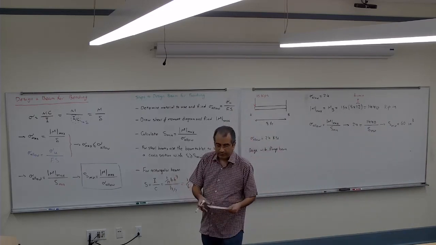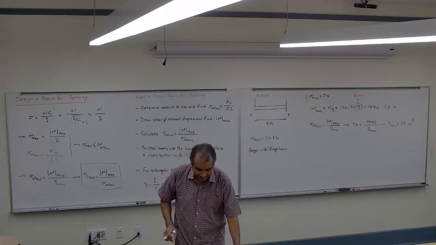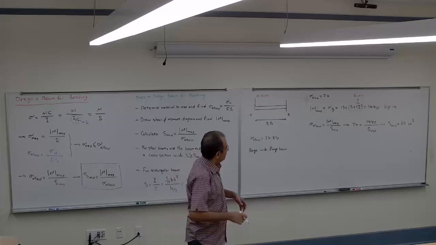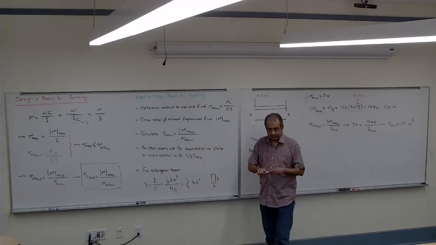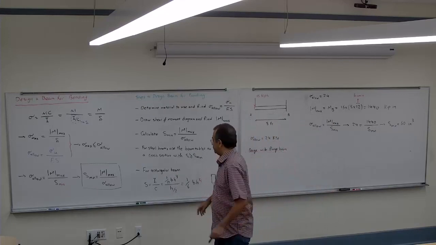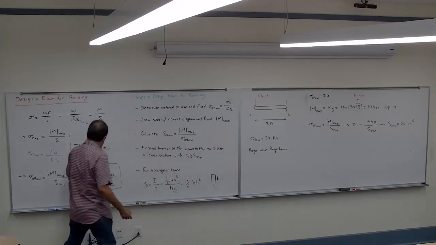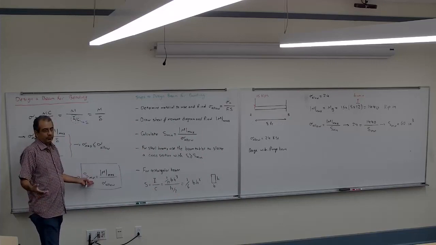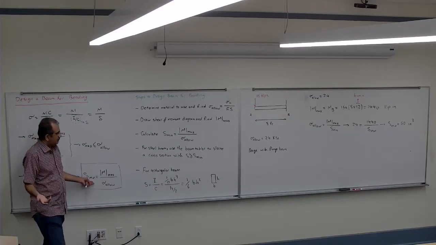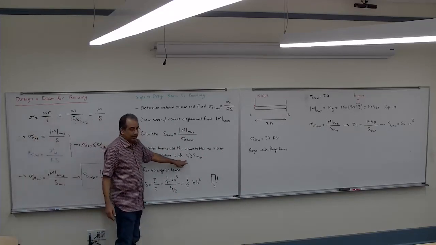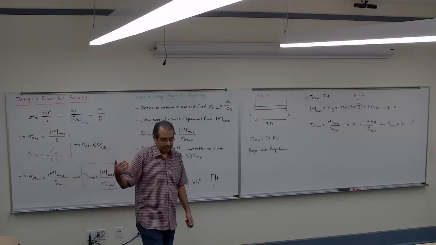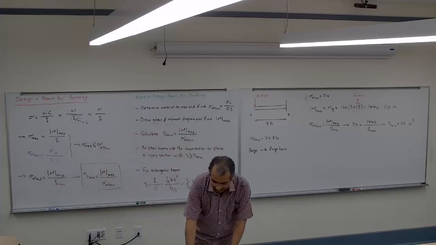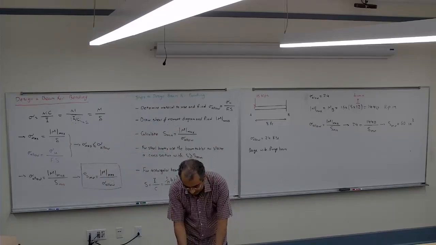Okay, so I know that I need a wide flange beam with an S of 60 or larger. It has to be either equal to or larger, because this is the minimum S I can have. So whatever I'm going to pick, the S should be equal or larger than S min. So I have to go to the back of the book and look into those tables to see which one fits.